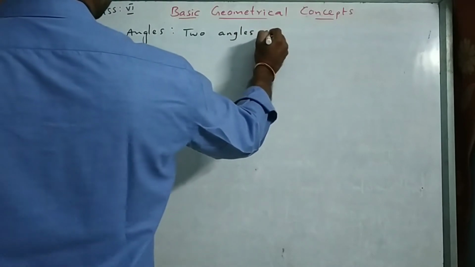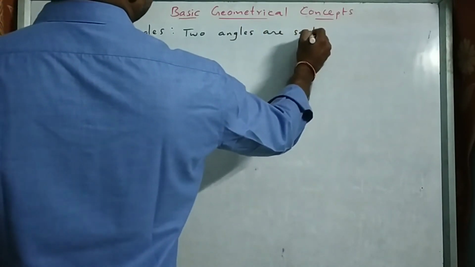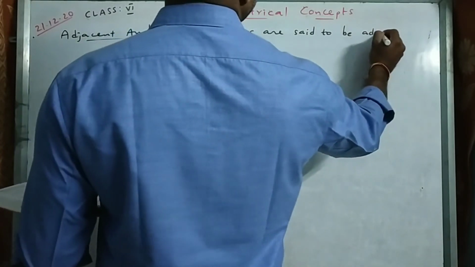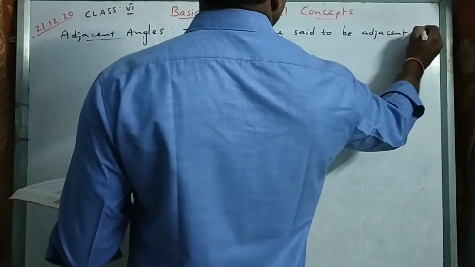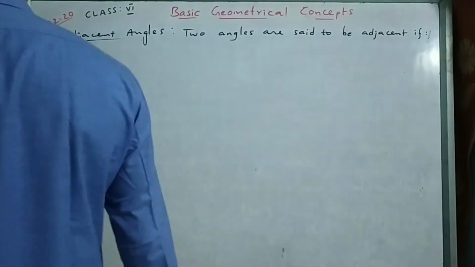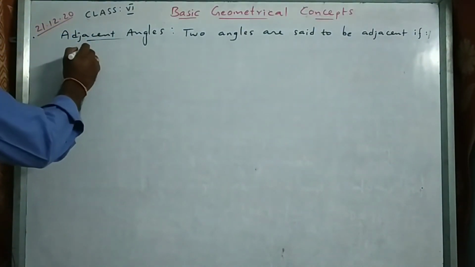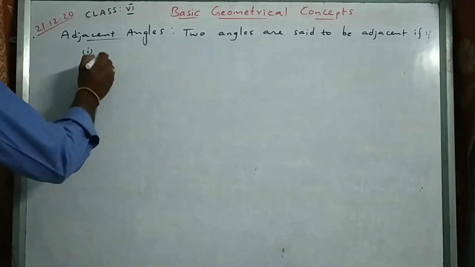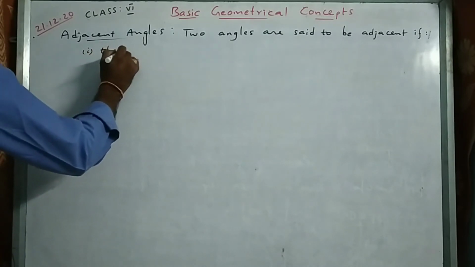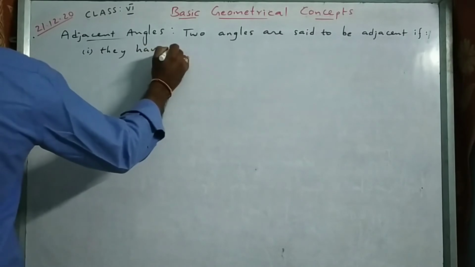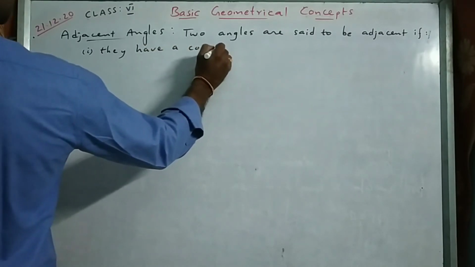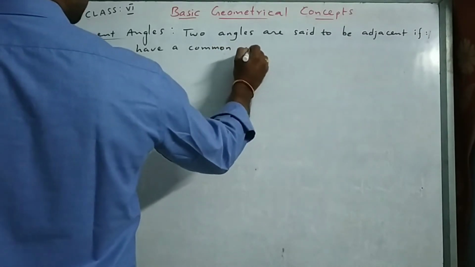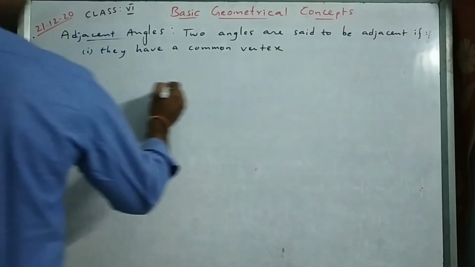Two angles are said to be adjacent if they have a common vertex.